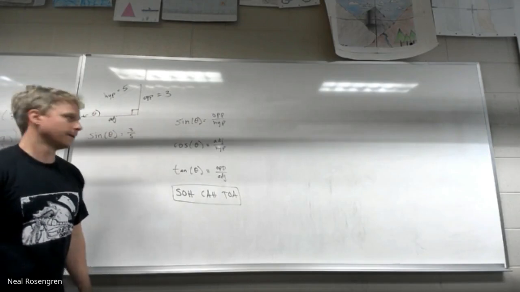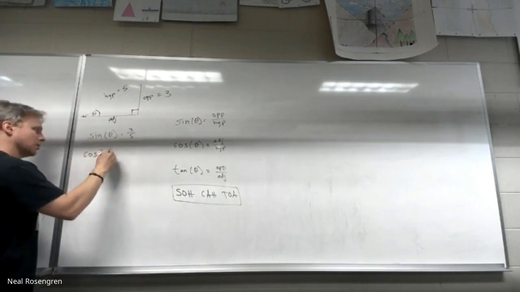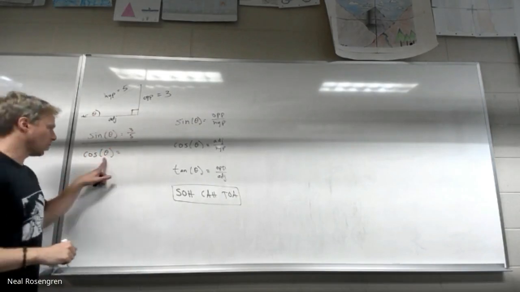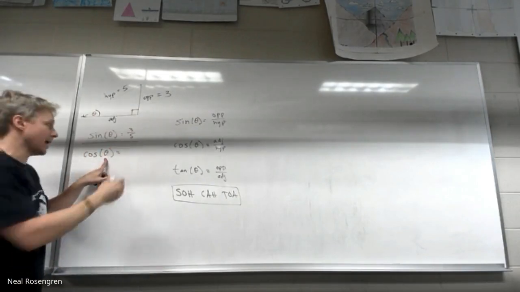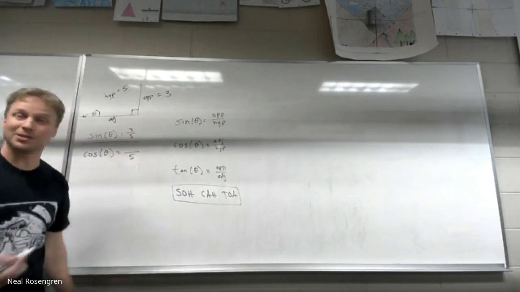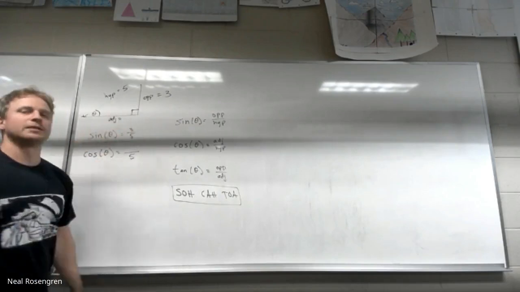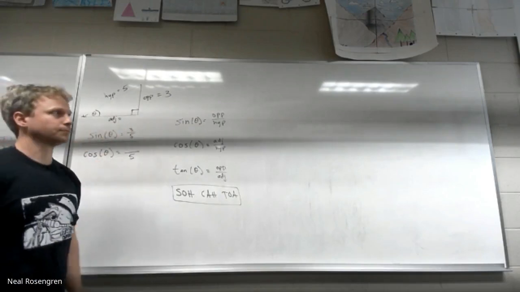And if that was what was given, and here's the question, cosine of theta, what is that? Well, cosine is just adjacent over hypotenuse, and I already know the hypotenuse is 5. The only thing we need to figure out is that length right there.